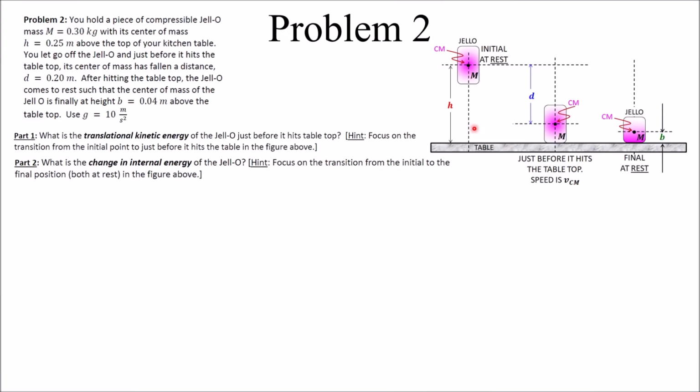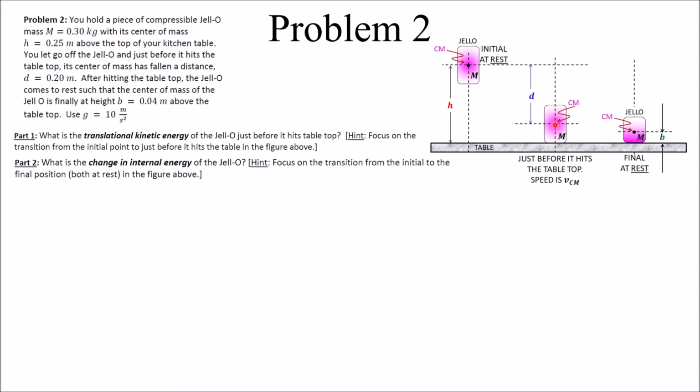So for problem 2, it's a compressible piece of jello, and we're holding it initially at rest here, and it's going to be dropped, and it will move basically a distance d here just before it hits the tabletop, and it'll have a certain amount of velocity there.